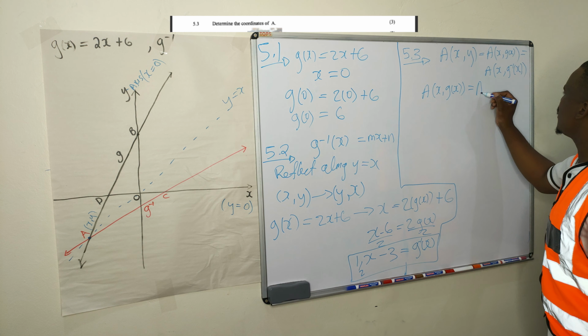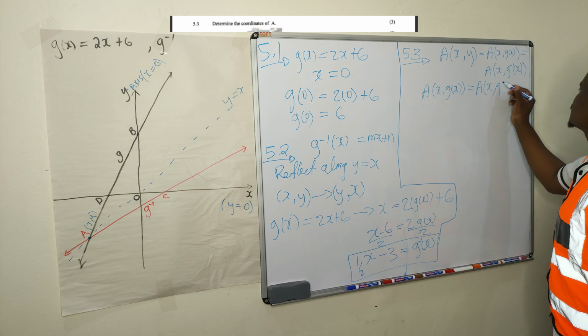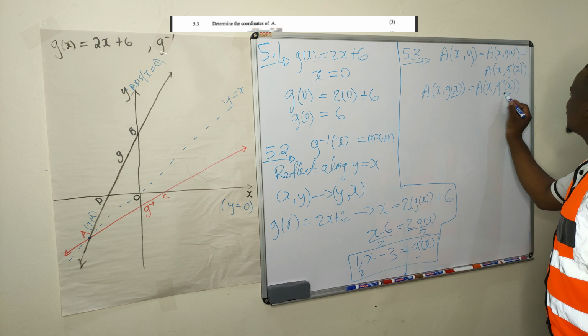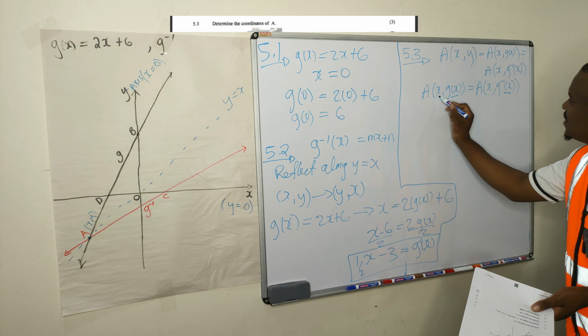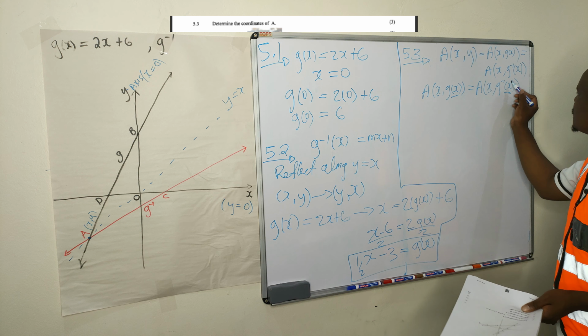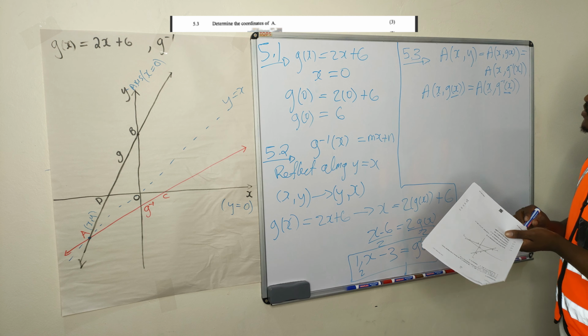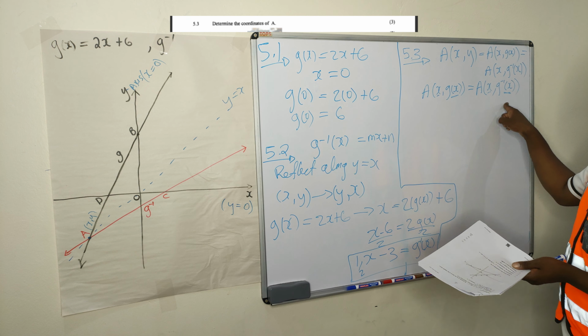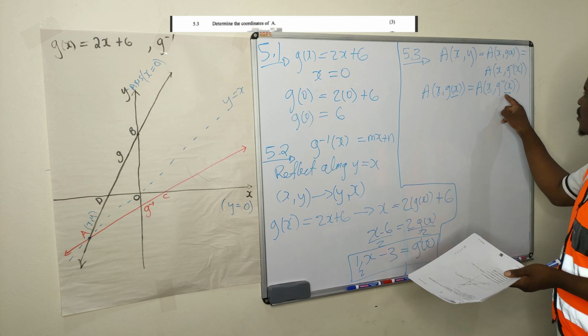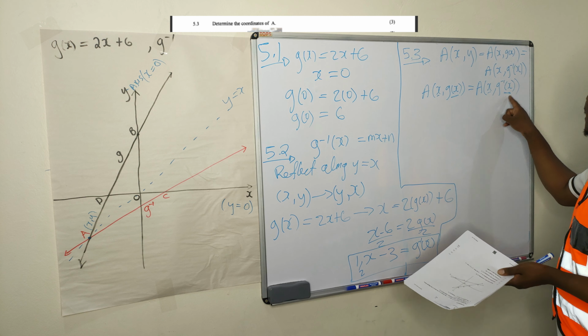This is the same as A for your x and your inverse function at x. But this won't help us much, but at least we can do something with these, because if your two coordinates are equal, the x value is equal to x value and the y value is equal to y value. So you can just equate this one and that one.